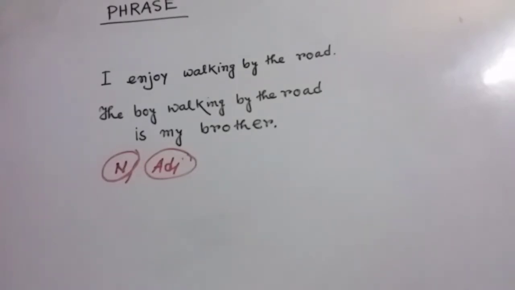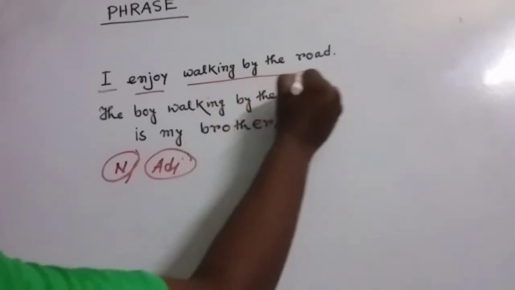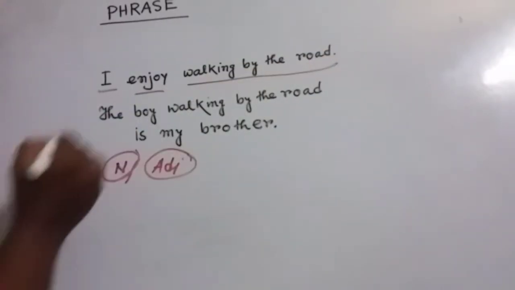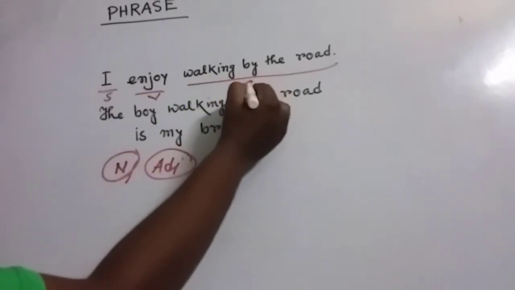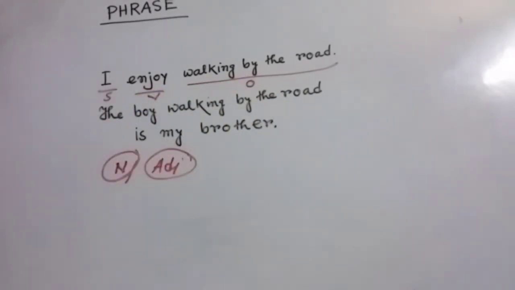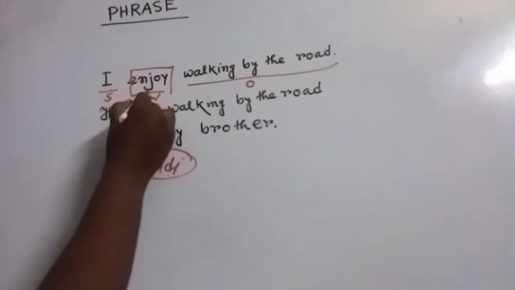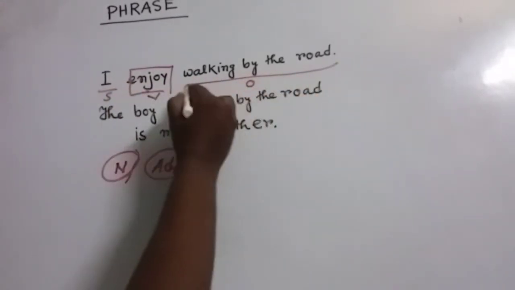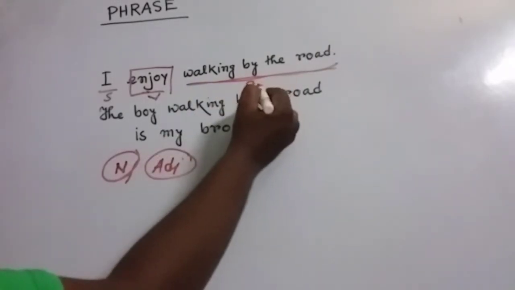Let's look at this example. Here I have written, "I enjoy walking by the road." So I is the subject, enjoy is the verb, and this is the object. I enjoy, we are asking the verb by what? I enjoy what? What do I enjoy? The answer is "walking by the road." The entire group of words is the answer. So this is the object.